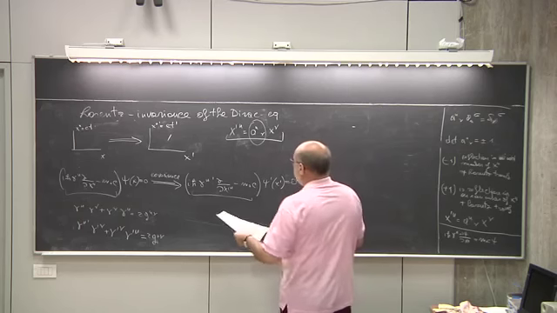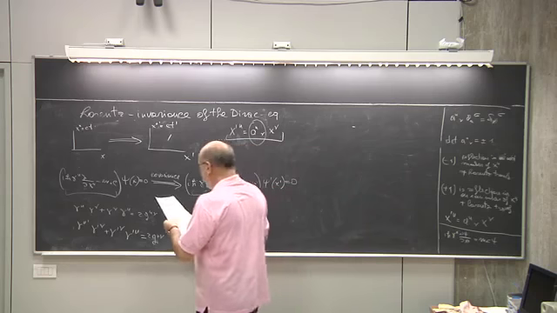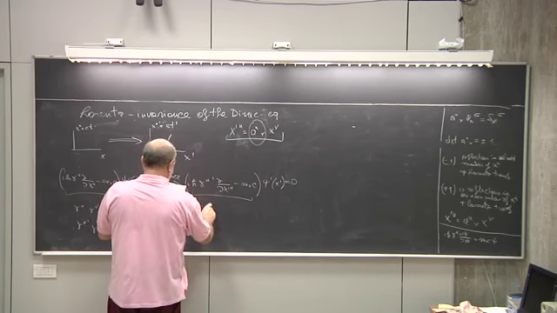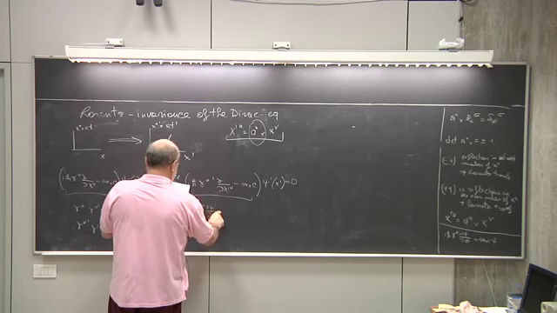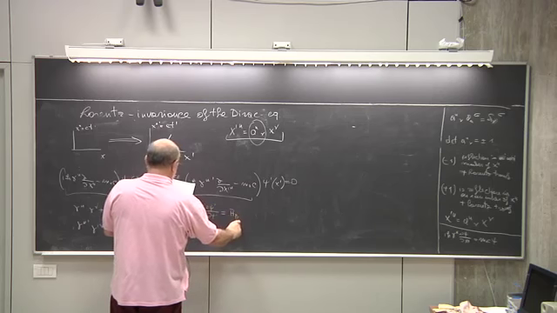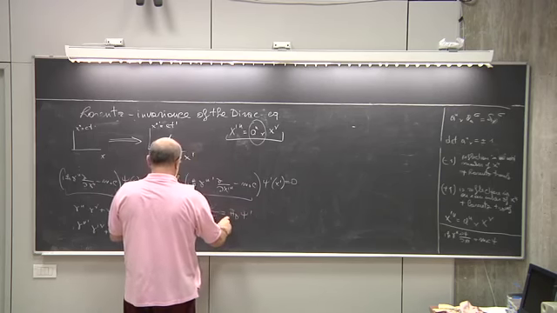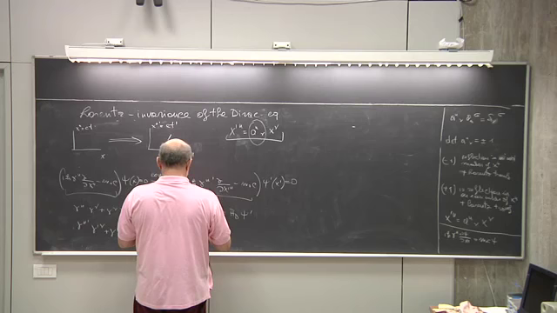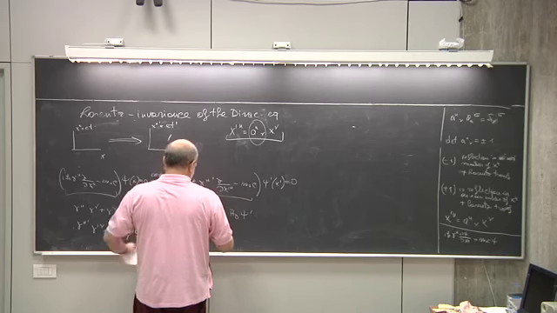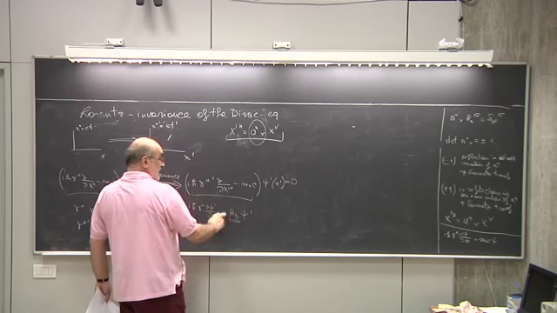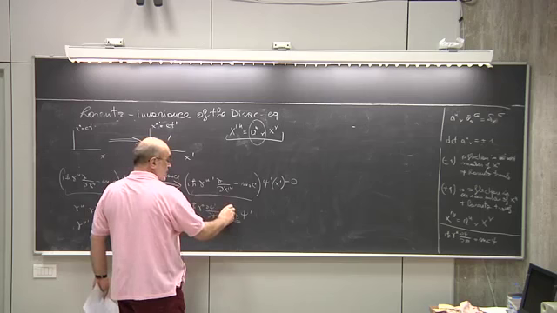If you write this equation in the following manner, i h-bar gamma 0 d psi prime over dt prime equals i h-bar tilde h d psi prime, if we use this object as Hamiltonian, I put a tilde because it's not the old one.